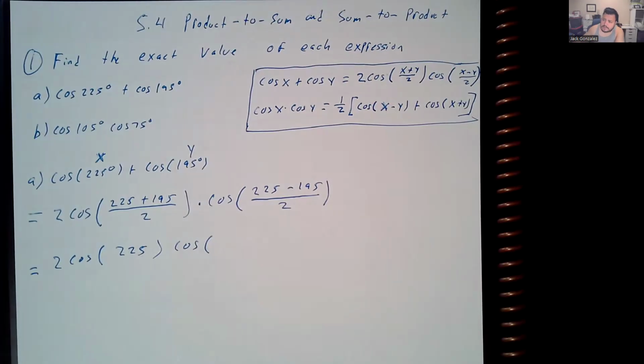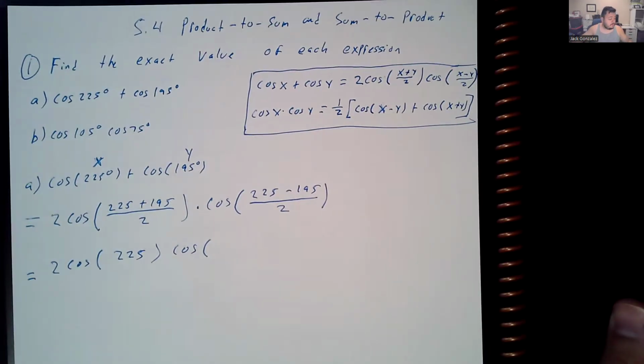Yeah, it should be 30. I need to double check something, because I think it's going to be negative. No, they're both positive. But divided by 2.